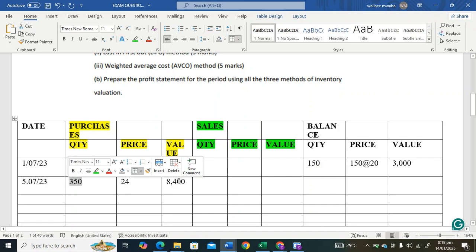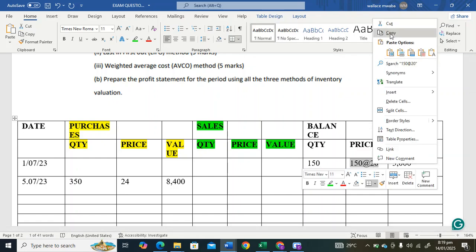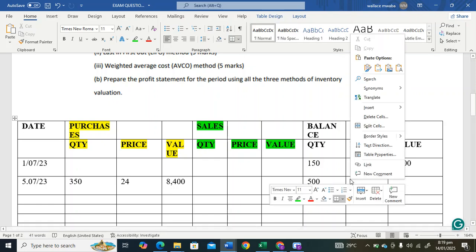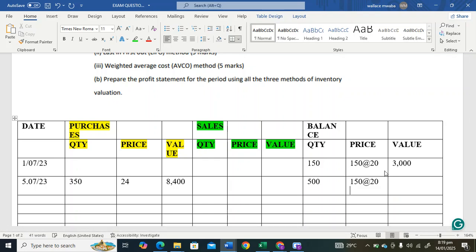So in total, we have 500 units. 150 of them are valued at 20 kwacha, then you also have 350 that are valued at 24 kwacha. Let me put the total amounts here: 3,000 and 8,400.